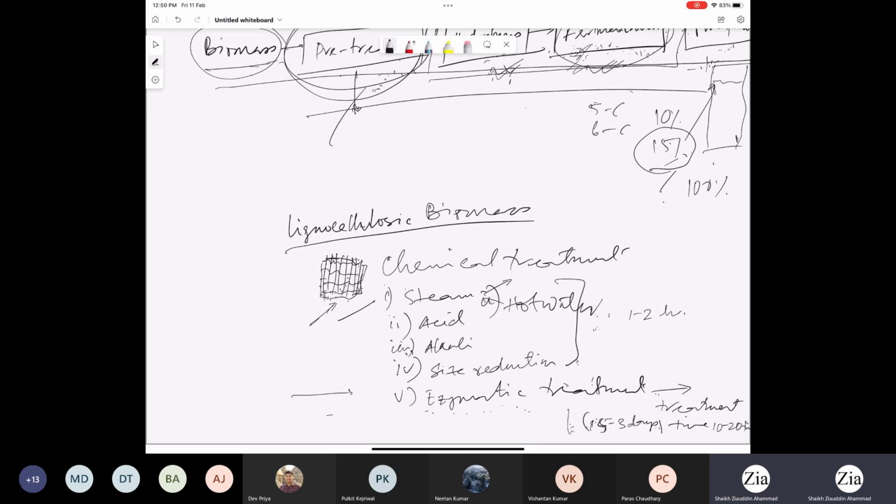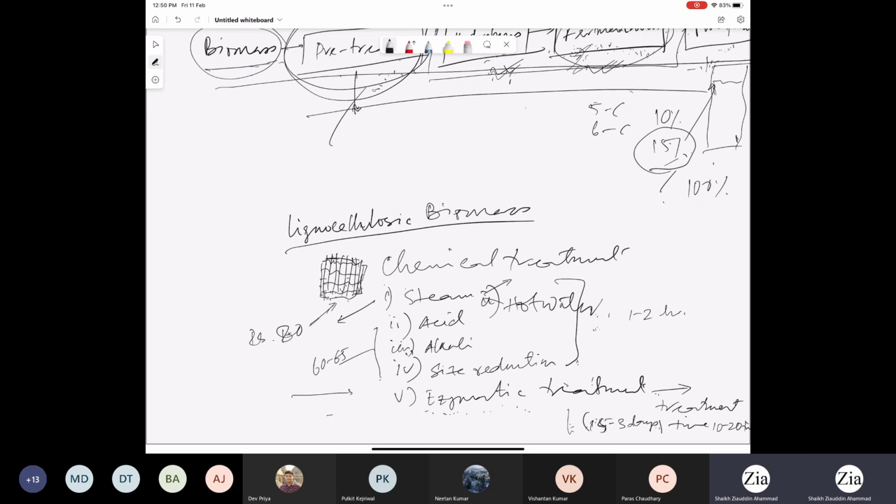When you use steam, 1 liter of ethanol, considering the rest of the bioprocess also, will cost you about 80 rupees. Then when you go for the rest of the processes, it will be around 60 to 65 rupees.